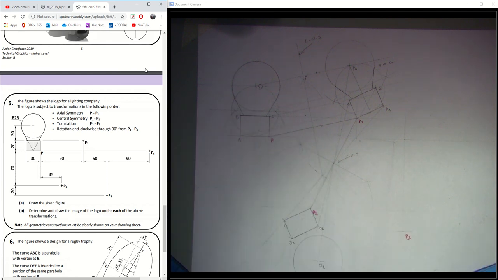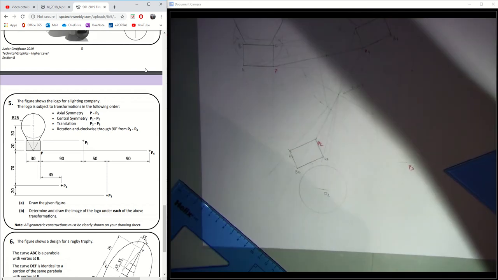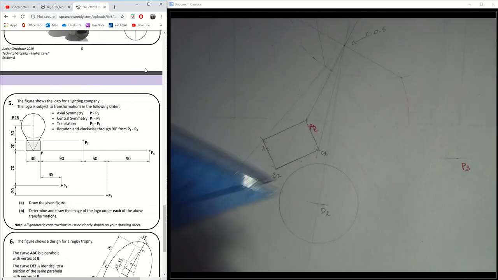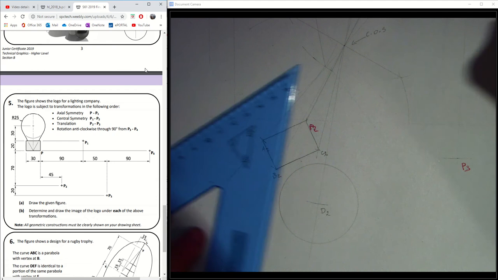We see all my points are lining up perfectly. Now, just to draw in the two tangents, so just to show you, I'm going to get the center point of this again.